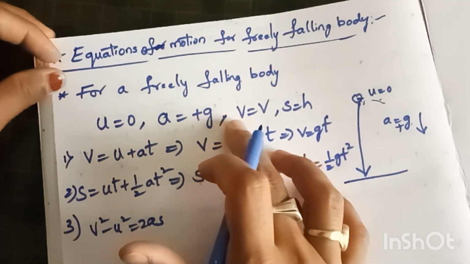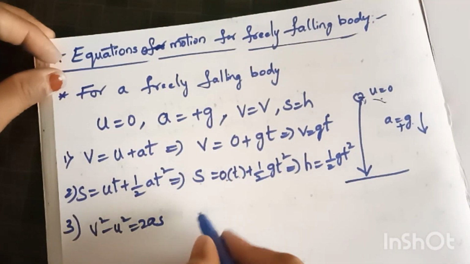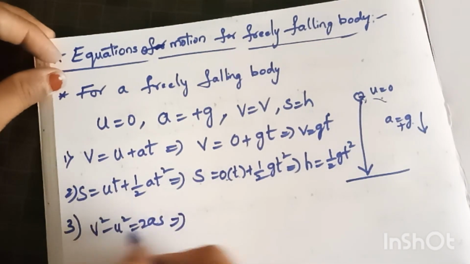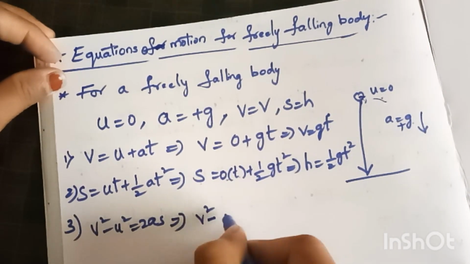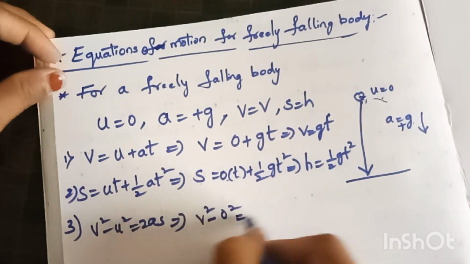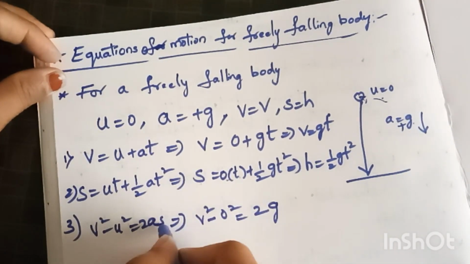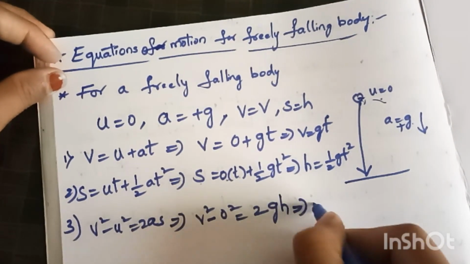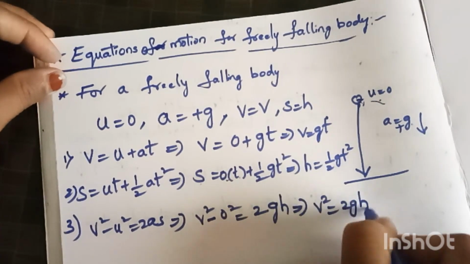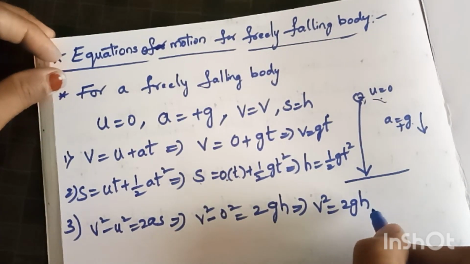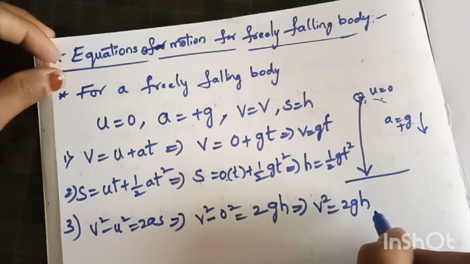There will be no change in the final velocity. Substitute these values. v square is v square itself, minus u, meaning 0, square, equals 2, a meaning g, s meaning h. It implies v square equals 2gh. We can consider s or h. If they mention to find the height, we can replace s with h.